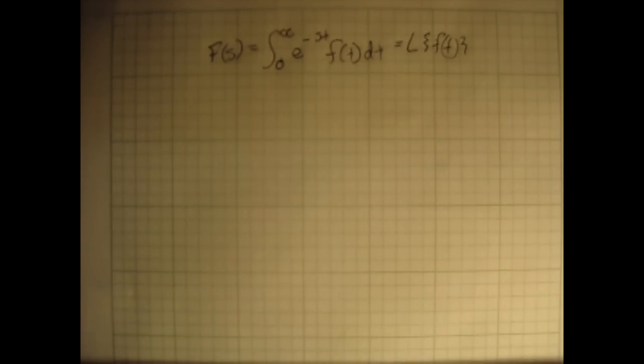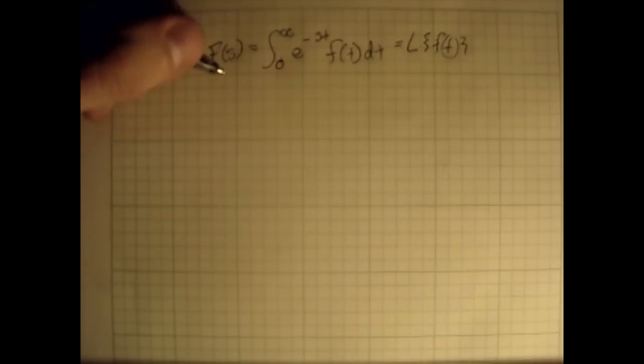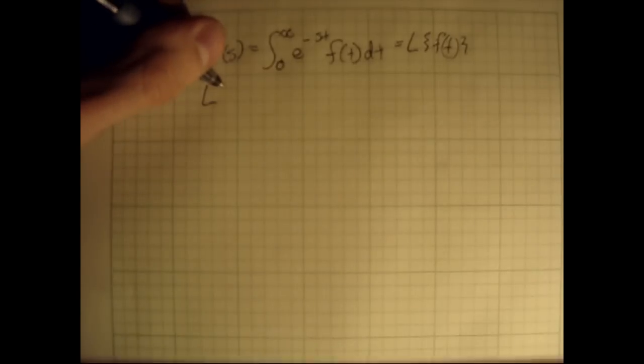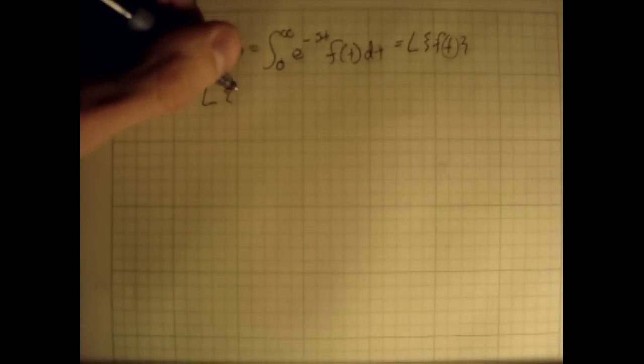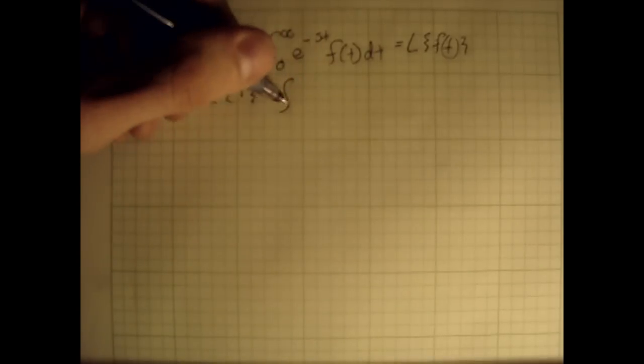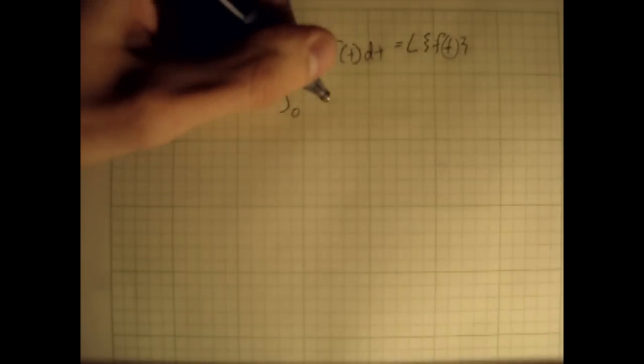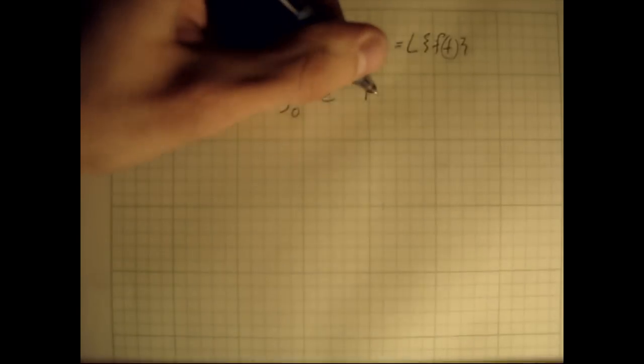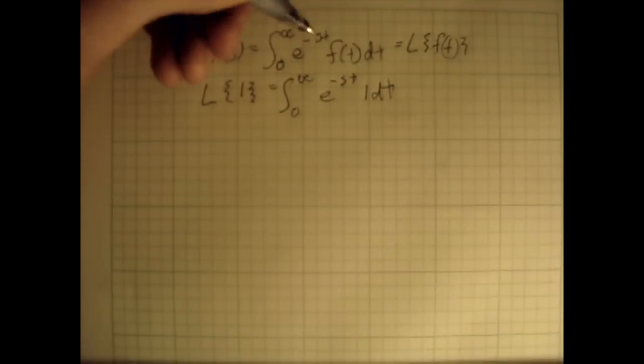That looks fine. So really quick, we'll just show how to do a quick example of what this actually means. We'll just do the Laplace transform of 1. That is equal to, from 0 to infinity, e to the negative st of 1 dt. Pretty simple integral.